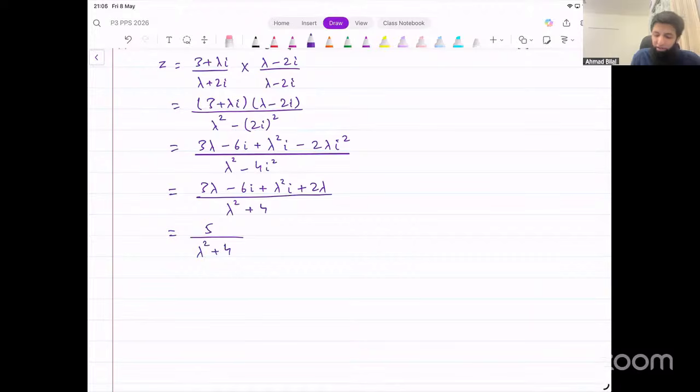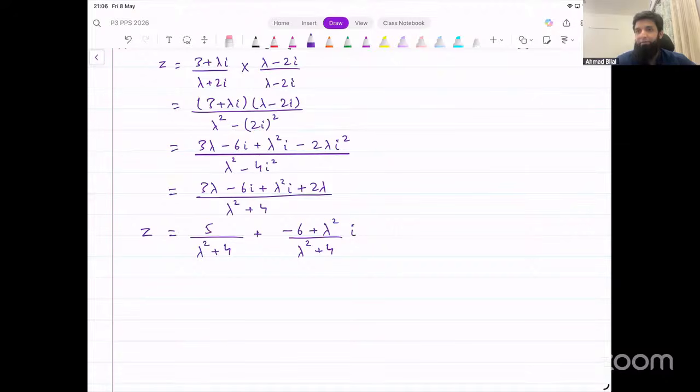That's the real part. And then the imaginary part, the terms that have iota in them, they are minus 6 plus lambda squared divided by lambda squared plus 4 times iota. This is what z simplifies to if we separate the real part and the imaginary part.